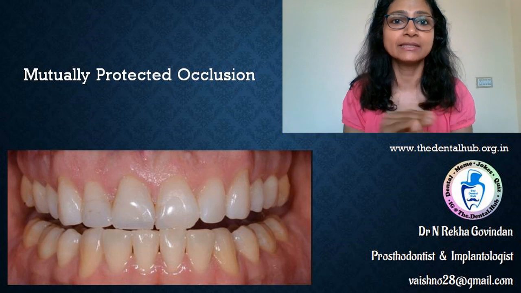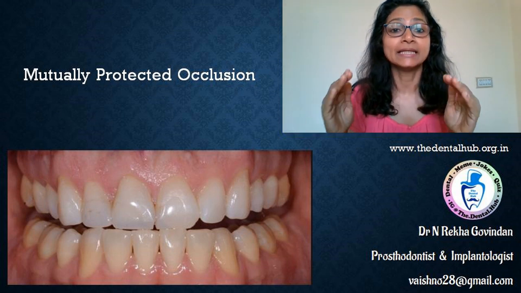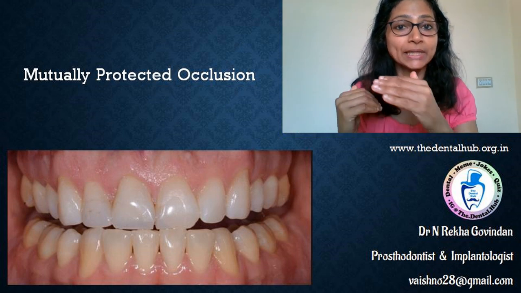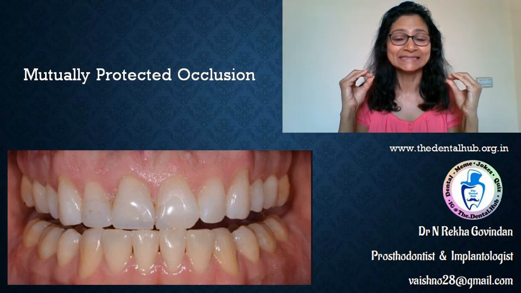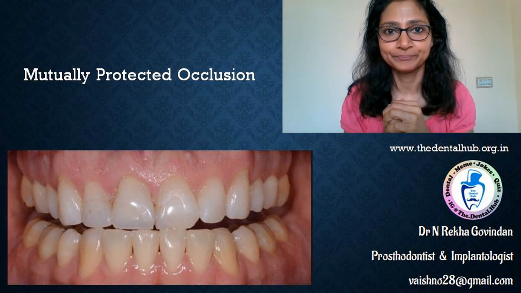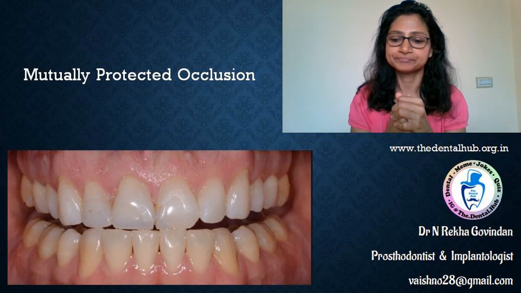The posterior teeth are no longer in contact. And the height and contour of the posterior teeth is such that when you bite hard with your posterior teeth, there is a slight gap between the anterior teeth. Okay, so that is the mutually protected occlusion.